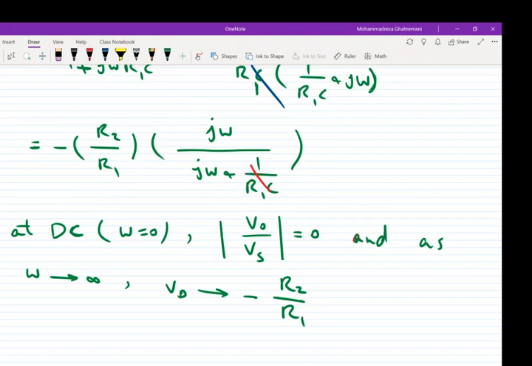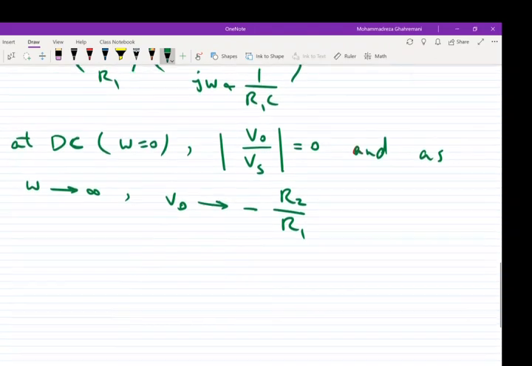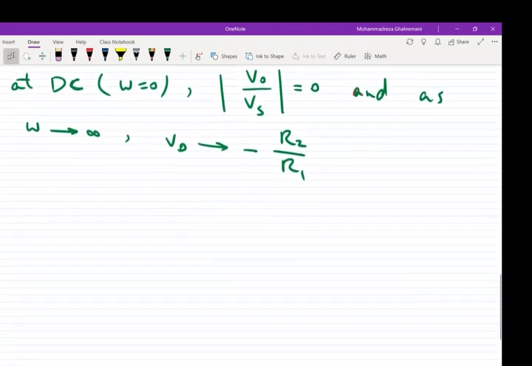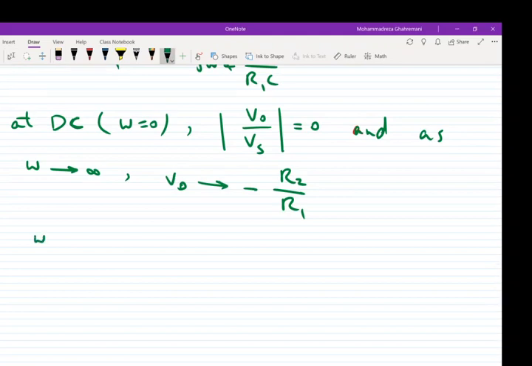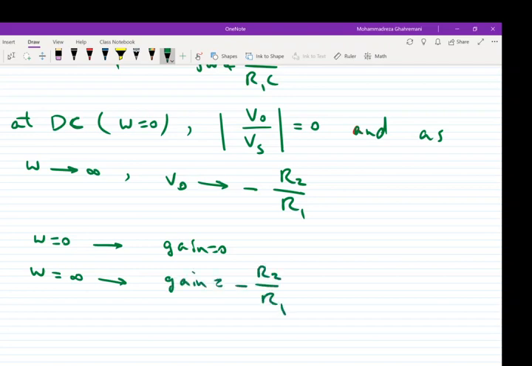Based on what we see here, for omega equal to 0, the gain is 0. For omega equal to infinity, the gain is negative R2 over R1.